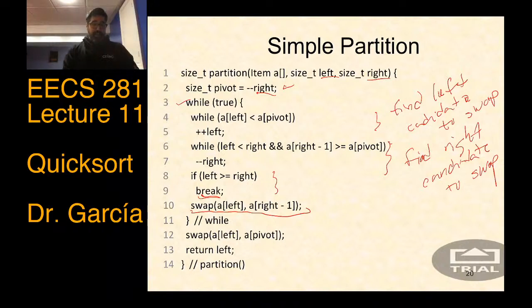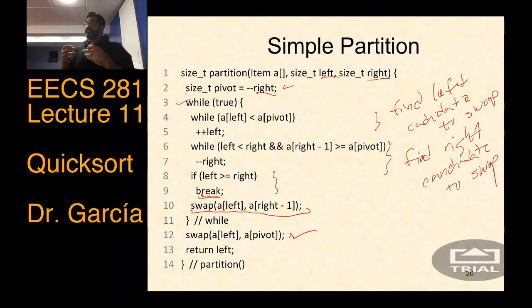Now, at one point, I'm going to evaluate line 8 to be true. At some point, left is going to get past right. At that point, I would break from this loop. And then all that remains is to place the pivot where it belongs, given that I've done all the swaps that I needed to do.